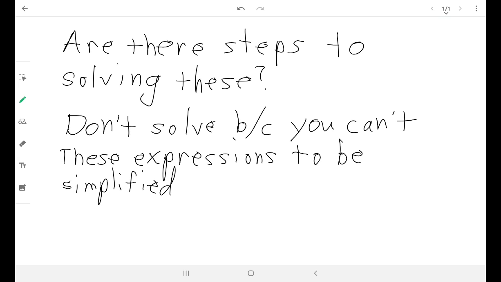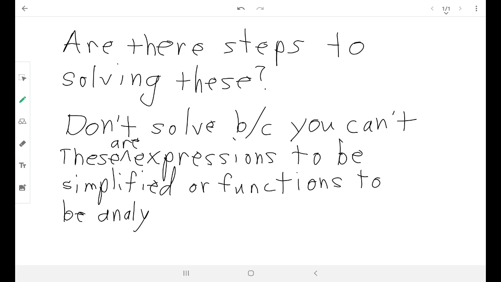So these are expressions to be simplified, or they are functions to be analyzed or evaluated.